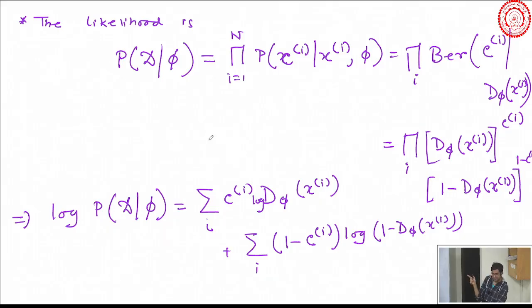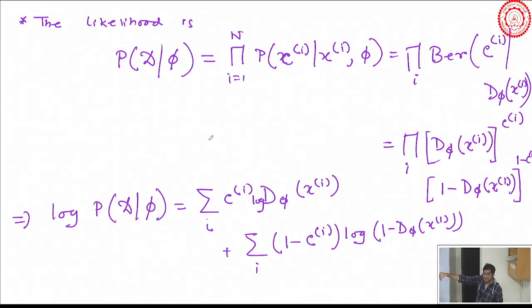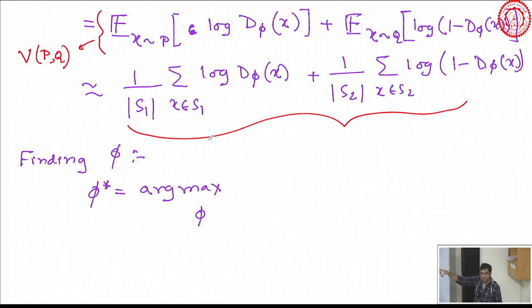That will be 10. No, no. So when you're doing 1 by S1, right? See, in this case, what will you get? 10 times log of d5. Where is that 1 by 10 come from? Where is the 10?